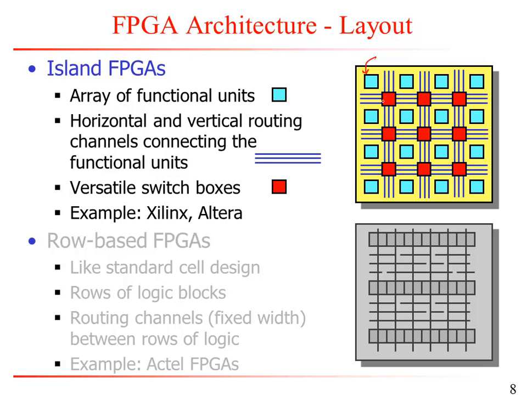And you have an array of switches. Think of these as intersections in streets in a city, and then you have tracks that actually carry the signals themselves. And I'll talk in more detail about how these are designed and what different options you have. But that's essentially it. This is what an FPGA is.